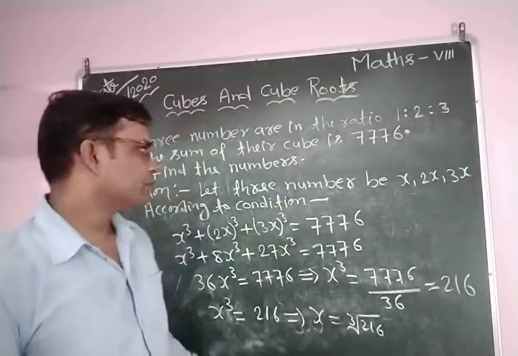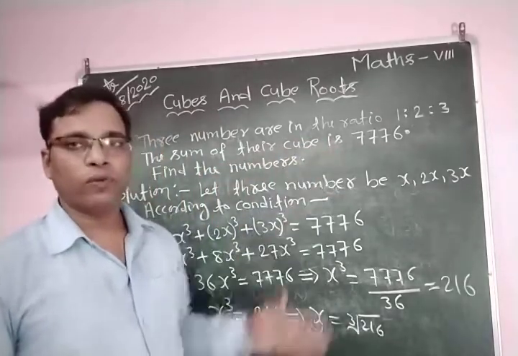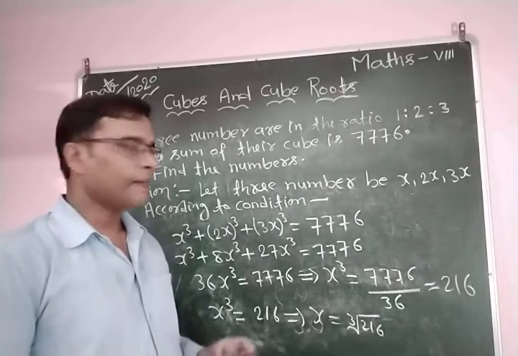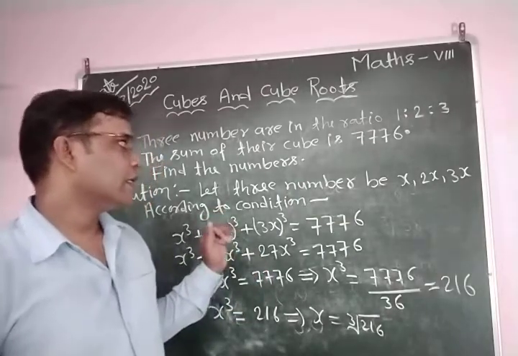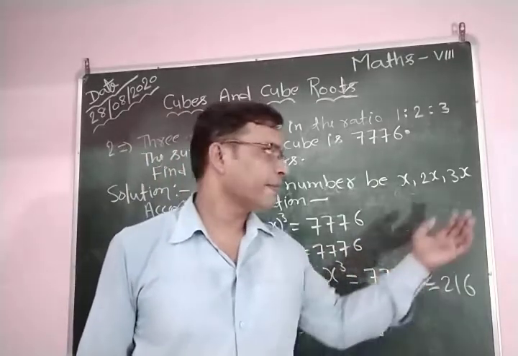So in this question you can see the given numbers are in the ratio 1:2:3, and first we let the numbers be 1x means x, 2x and 3x.